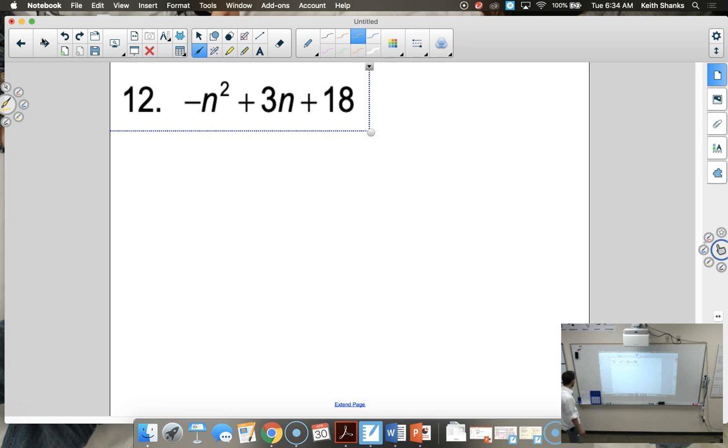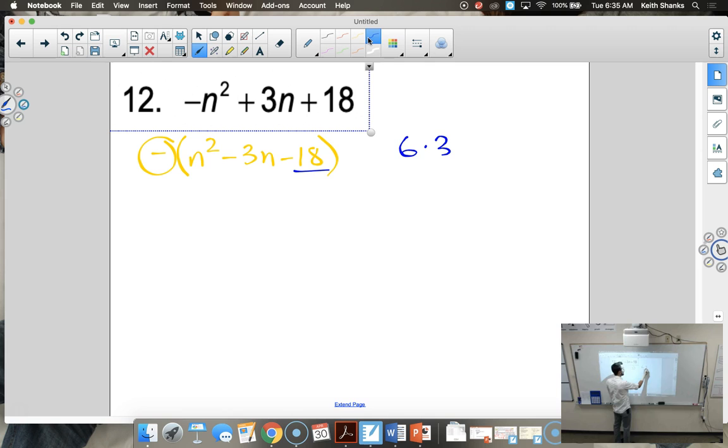So this one, again, what I would do is I would just take out a negative to start. We're not used to having a negative in front of there, so factor that out. And then solve as normally, keeping this here. This one you don't have to factor by grouping, so you're going back to the other way, which is what are the multiples of, or factors of 18. So 18 is 6 times 3, right?